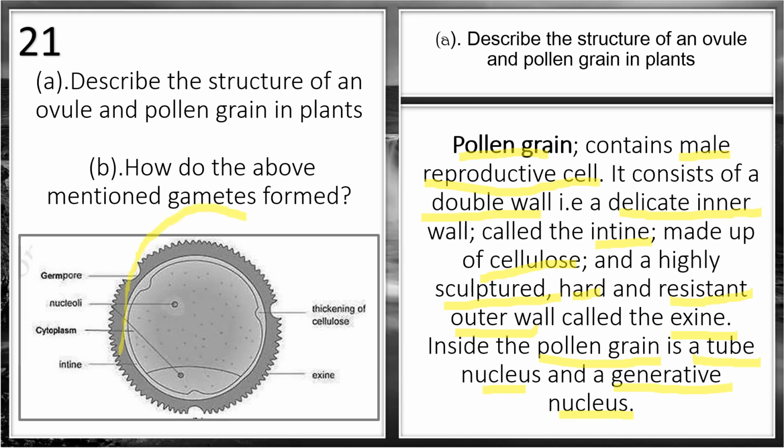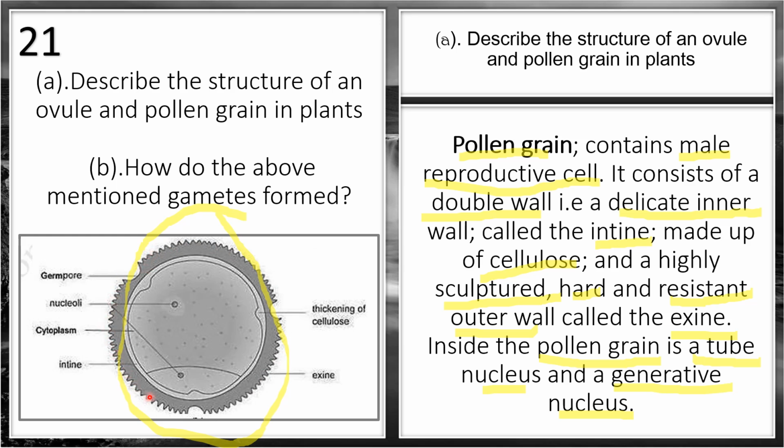So here we have our pollen grain. When you look at the pollen grain, we say it consists of a double wall. It has an inner wall, which we have called the intine wall. Then it has a highly sculptured outer wall, which is hard and resistant.